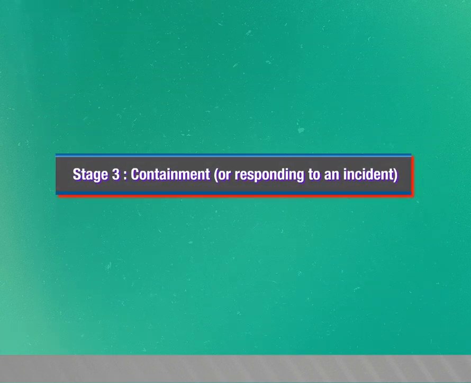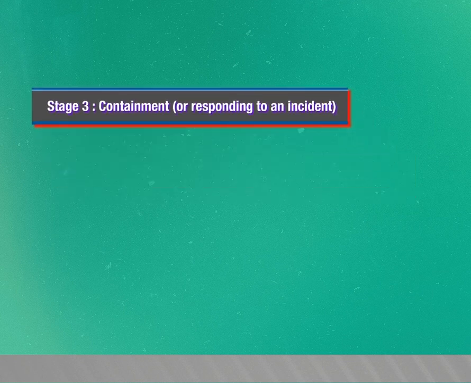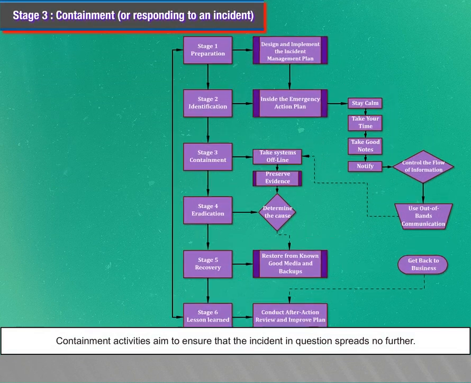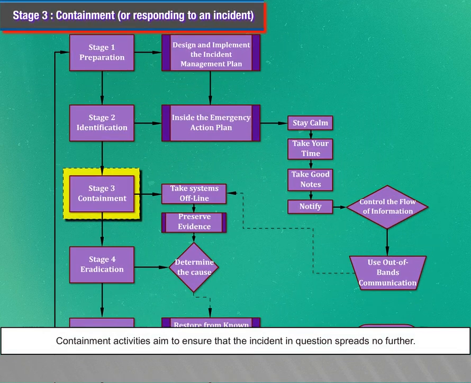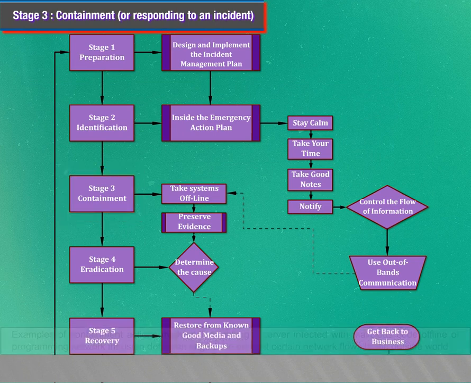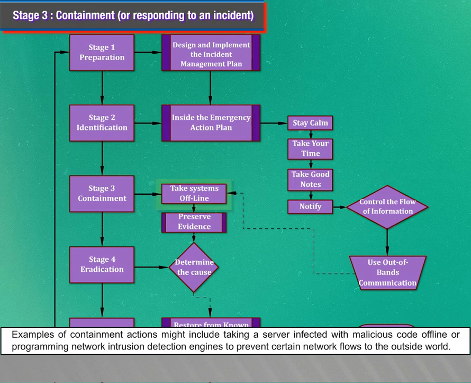Stage 3. Containment or responding to an incident. Containment activities aim to ensure that the incident in question spreads no further. Examples of containment actions might include taking a server infected with malicious code offline or programming network intrusion detection engines to prevent certain network flows to the outside world.